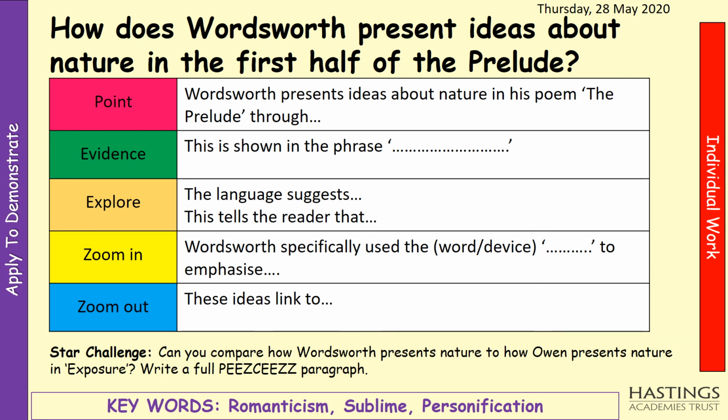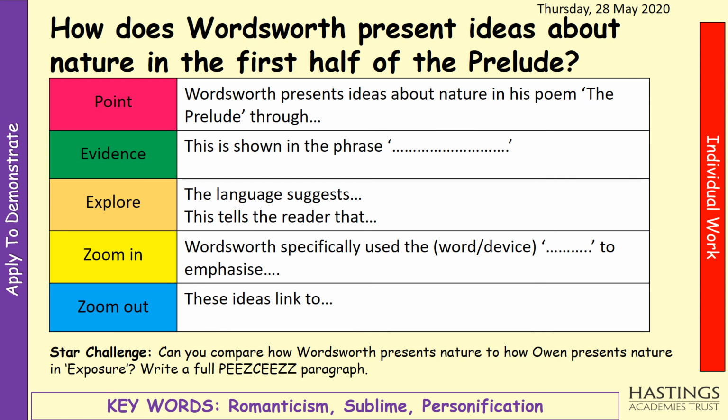Okay, as a challenge there, you've got what you would have in an exam, which is to compare two poems. So you have looked at Exposure in the lessons just before this one. So for the challenge, after you've done your paragraph from this poem, can you have a go and see if you can compare how Wordsworth presents nature compared to how Owen presented nature in Exposure, and do a full comparison paragraph.